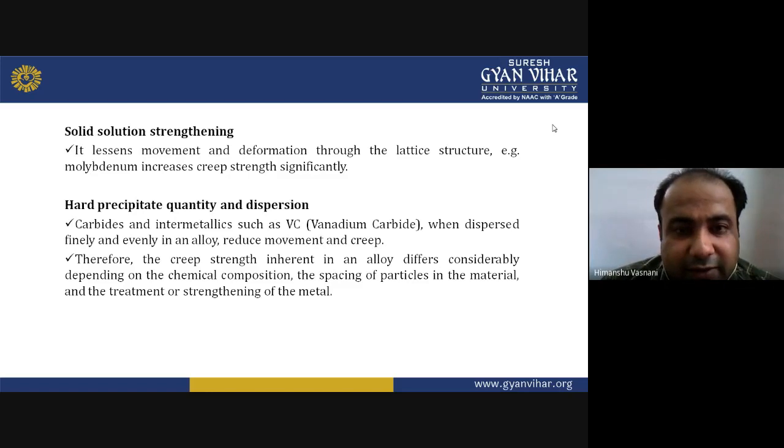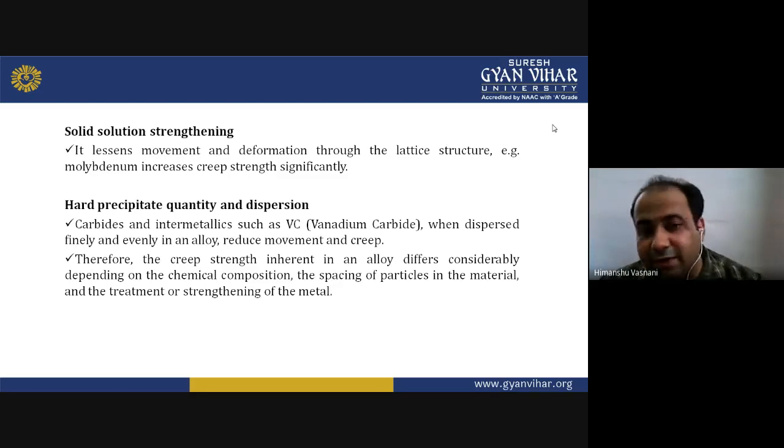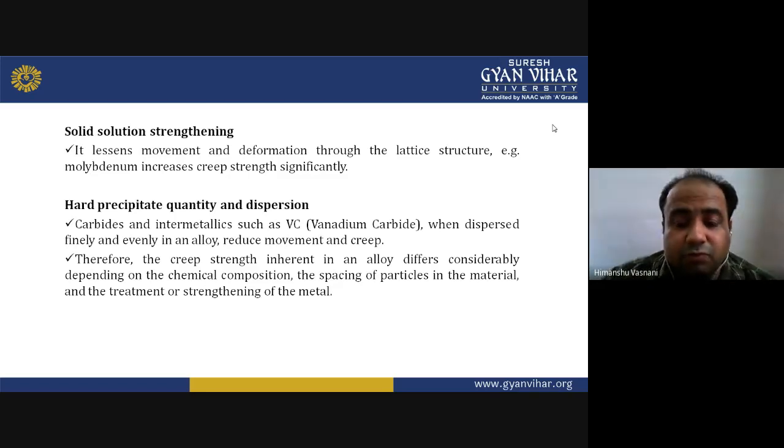The carbides and intermetallics such as vanadium carbide, when dispersed finely and evenly in an alloy, reduce movement and creep. Therefore, the creep strength inherent in an alloy differs considerably depending on the chemical composition, the spacing of particles in the material, and the treatment or strengthening of the matter.